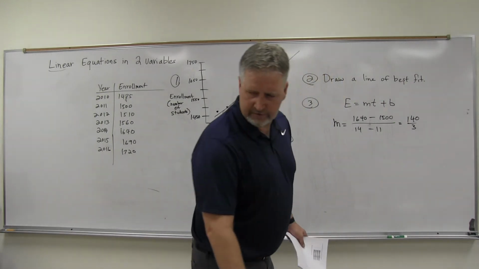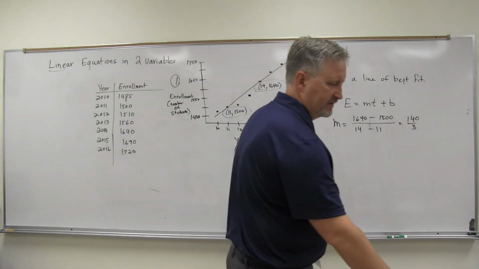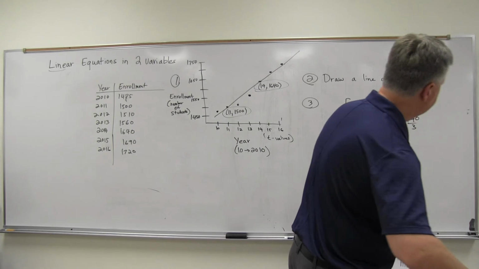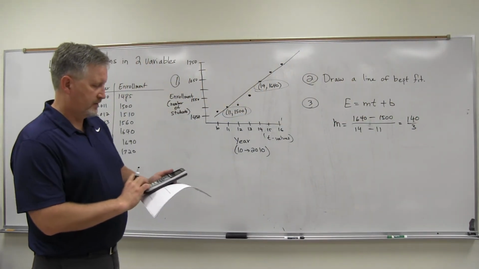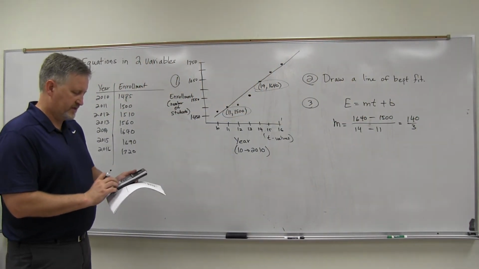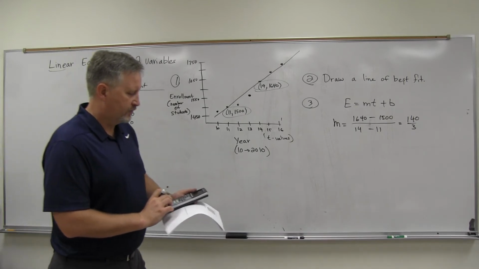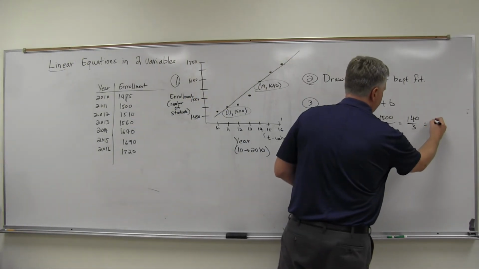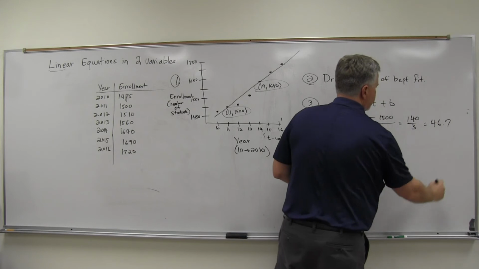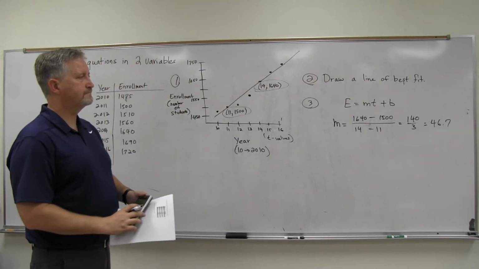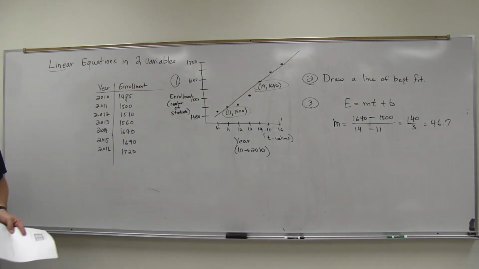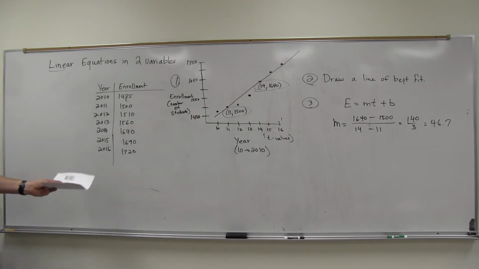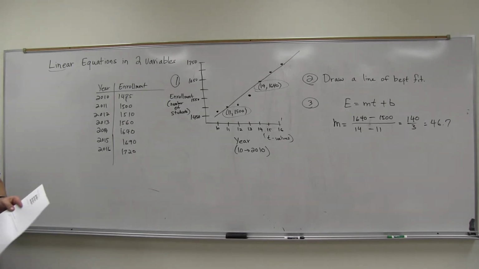And you can use the decimal if you like. I'm going to round it off to 1 decimal place. 46.7 on mine. Except if you did 2 other points, you may get a slightly different answer, but it should be a positive number, and pretty large positive number. Is that okay?